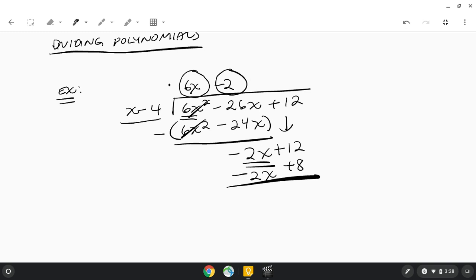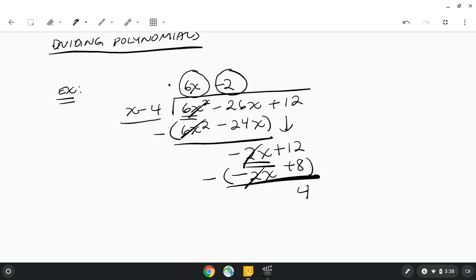Then we're going to go ahead and subtract. So that becomes negative 8. So negative 8 and positive 12 is 4. This here is my remainder.